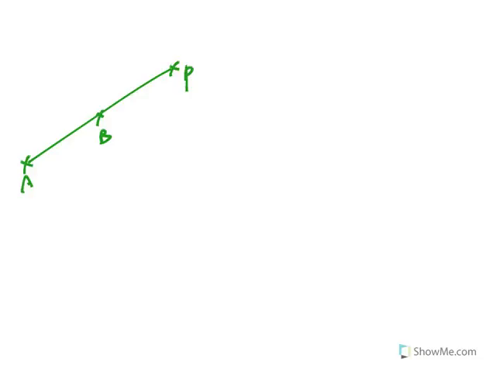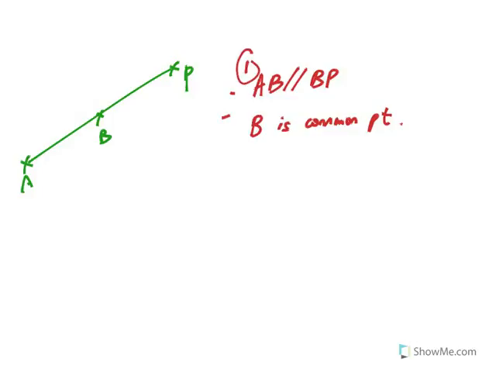You can say AB parallel to BP, but on top of that, you need to add that B is a common point. Because parallel means there can be two lines like that, but you must show that they meet. Another way is you can say AB parallel to AP also.